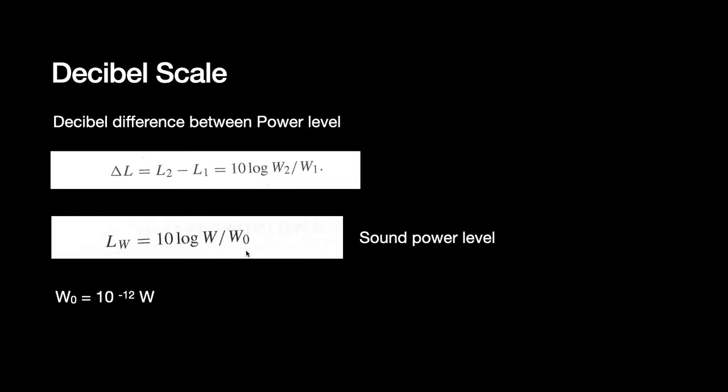So you can use this to calculate the power levels independently, and when you say difference between the two power levels, then you subtract the equation for L2 from a similar equation for L1, find the difference, W0 cancels out and you get W2 by W1.